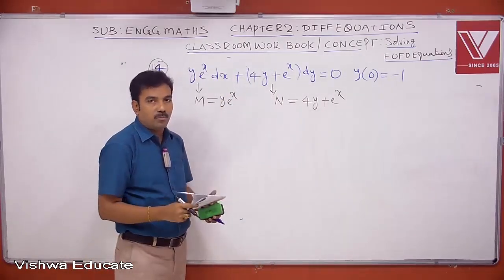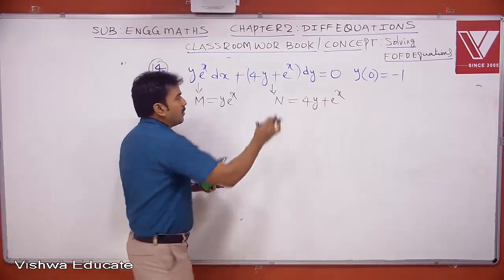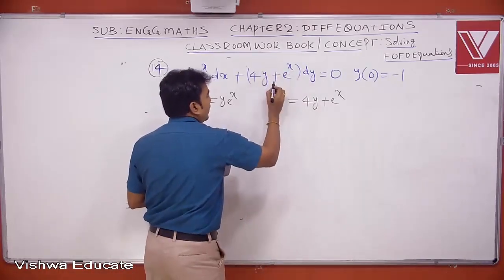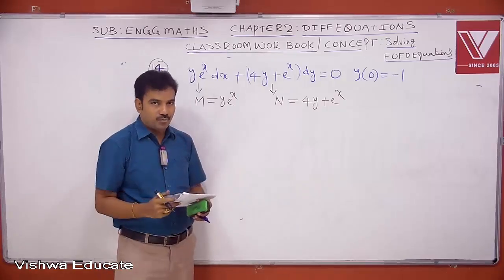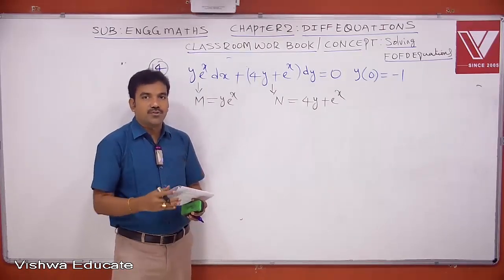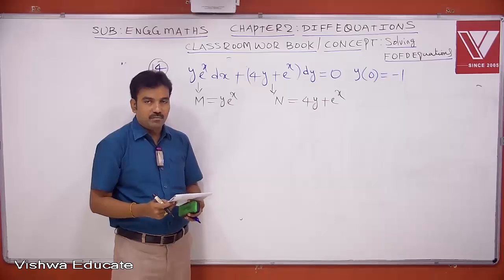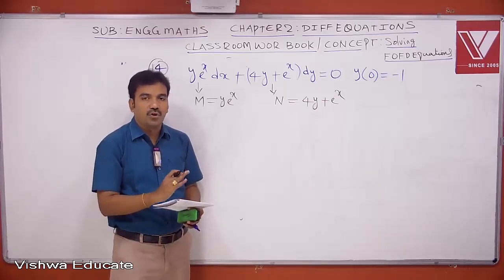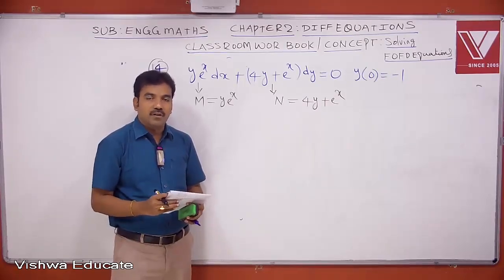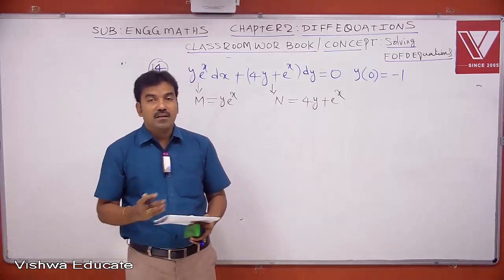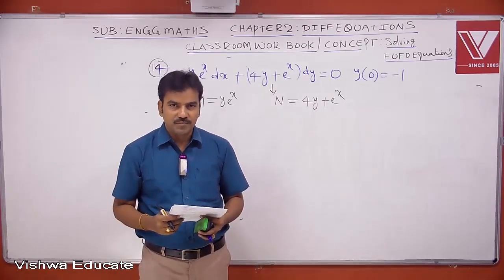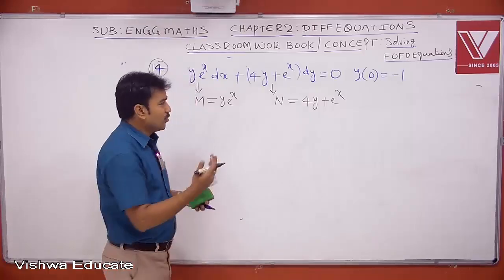Method 1 is not possible, because between functions of x and functions of y there is a plus symbol, so we can't separate variables x and variables y. Even this is not a homogeneous function, because to be homogeneous, you should not have functions other than powers of x and powers of y. Here we have exponential functions like this. Therefore homogeneous is not possible.